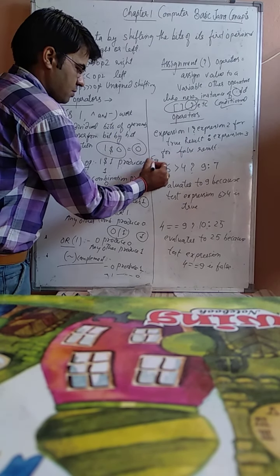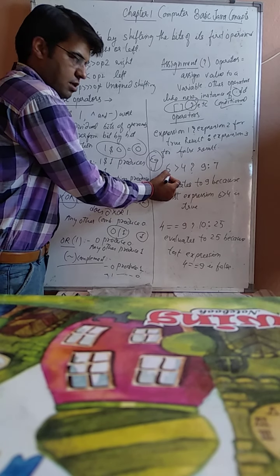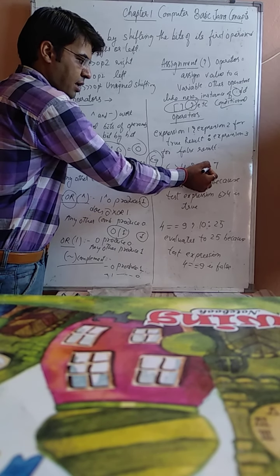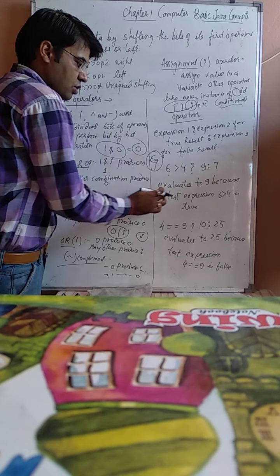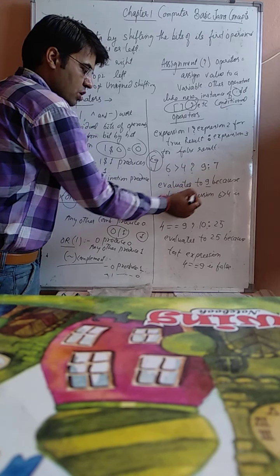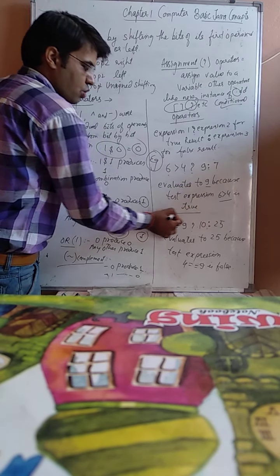If you take 6 greater than 4, question mark, 9, colon, 7, it evaluates to 9 because the test expression is true.